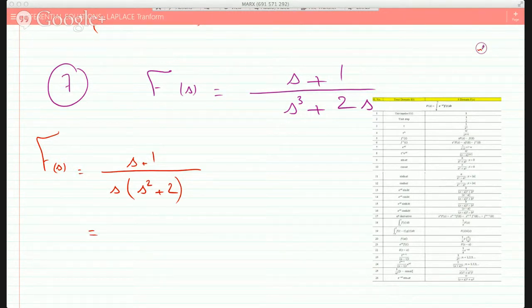So you'd have to split it into A over s, if you remember from pre-calculus or calculus 2, whatever. And then this here will be an s squared plus 2. If you remember, in this case, the numerator has to lag 1 degree behind the denominator. So if now it's an s squared, here you need a bs plus c.